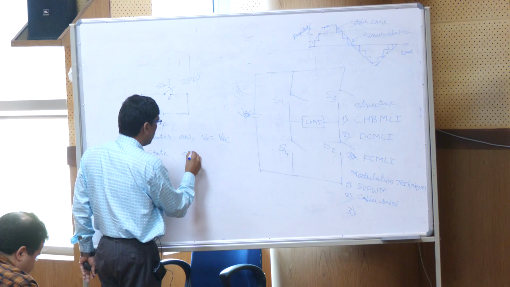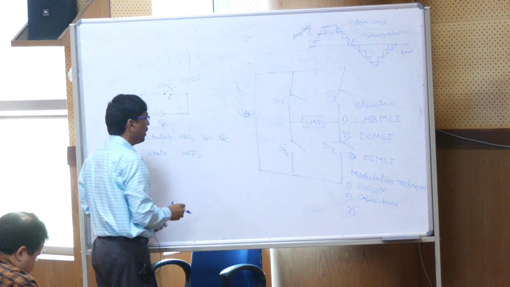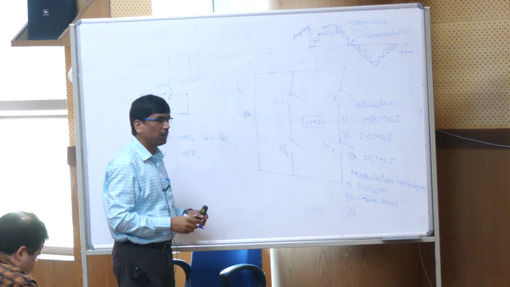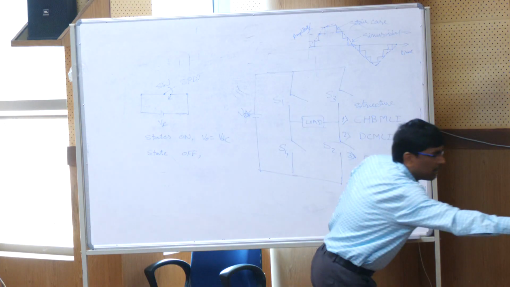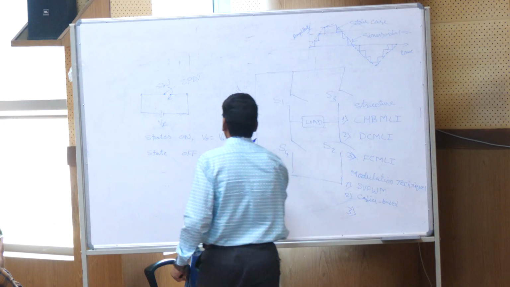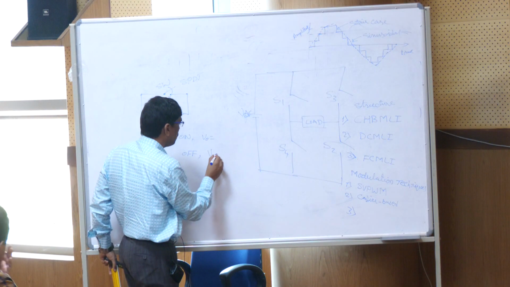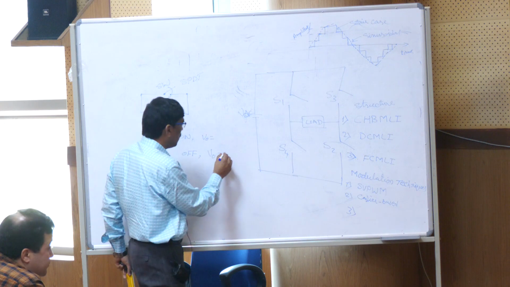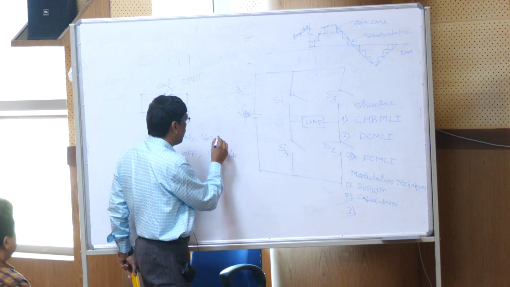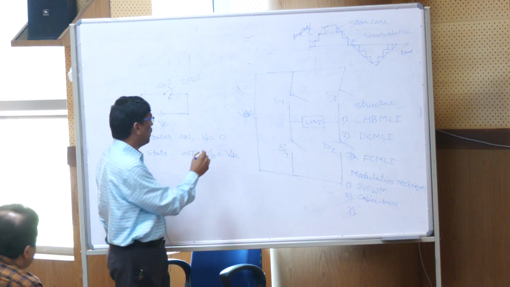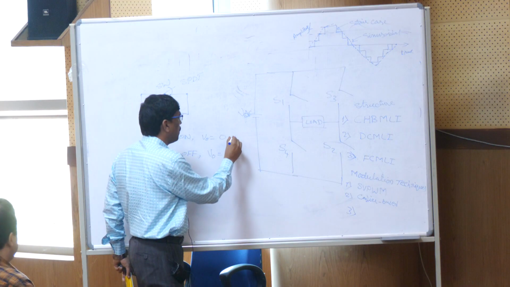In on condition, what's the voltage? 0 voltage. And when it is in off condition, we get an output voltage equal to the source voltage VDC. And when it is in on condition, what's the current here?